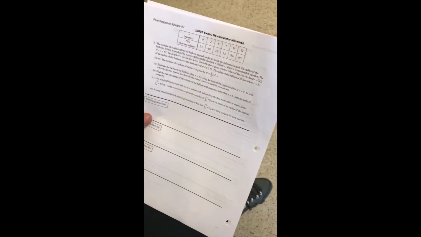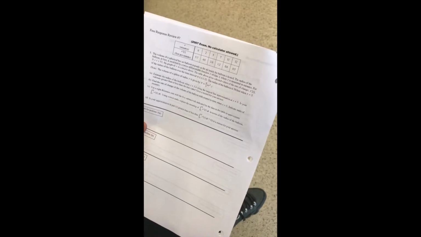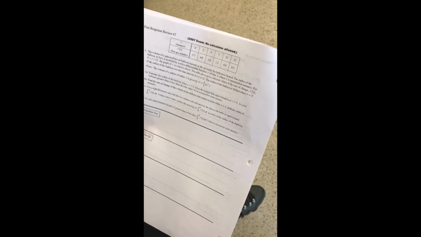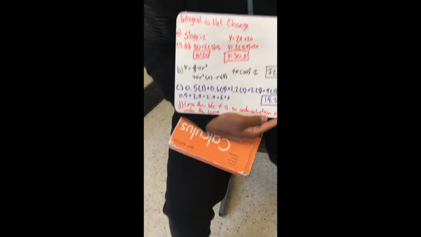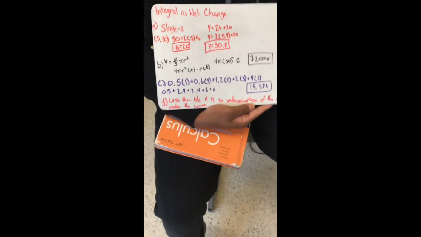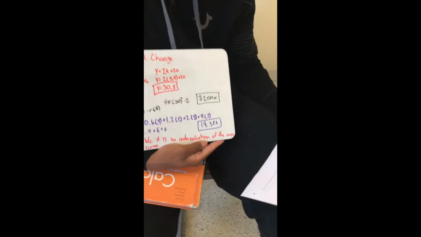The graph of r is concave down. The table above gives selected values of the rate of change, the derivative r'(t), of the radius of the balloon over the time interval 0 to 12. The radius of the balloon is 30 feet when t is equal to 5. Note that the volume of a sphere of radius r is given by V equals 4/3 pi r cubed.